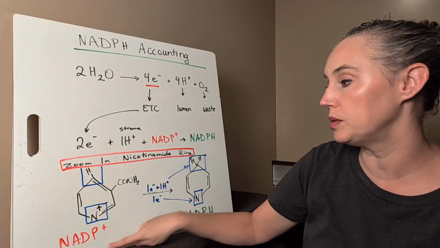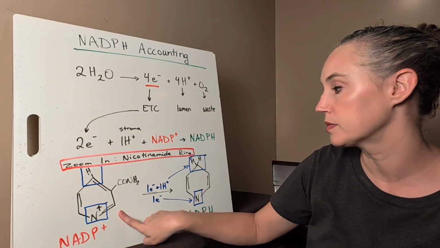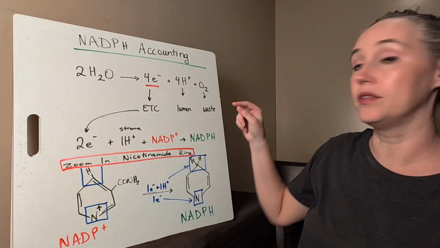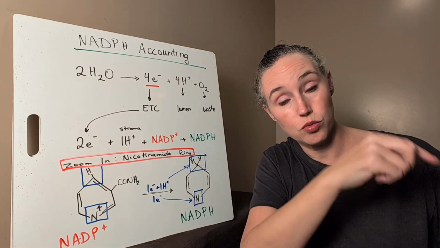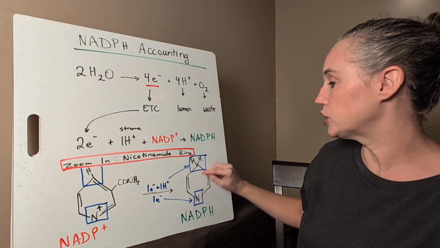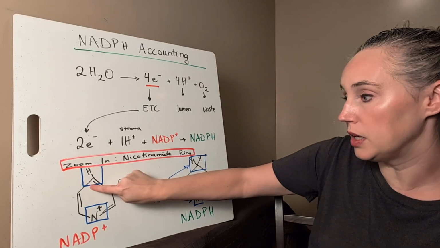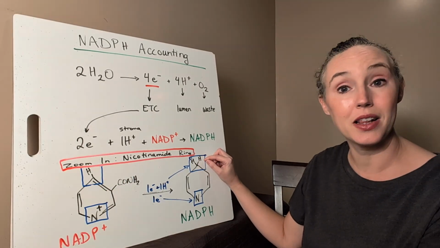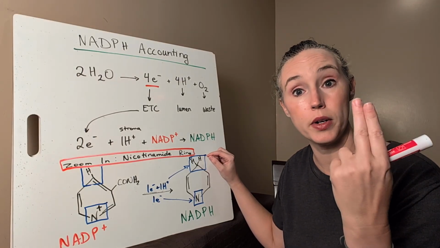So this is NADP+. This is its structure. With the help of that coenzyme, like on the last board, we are going to break this bond right here, and now that makes space available for one proton plus one electron.